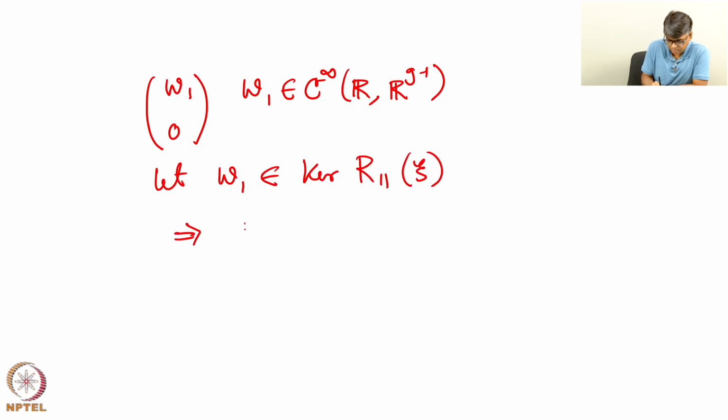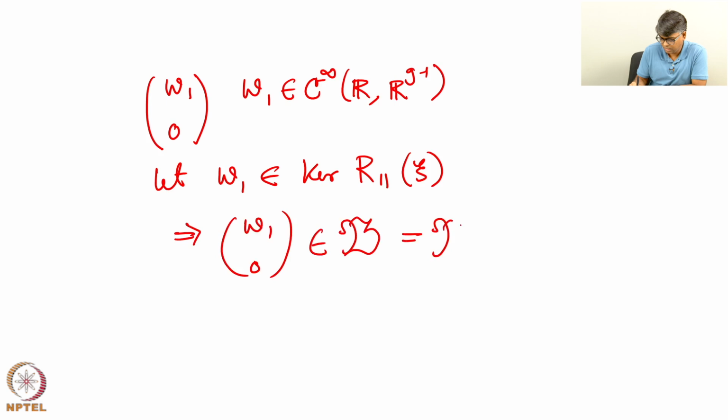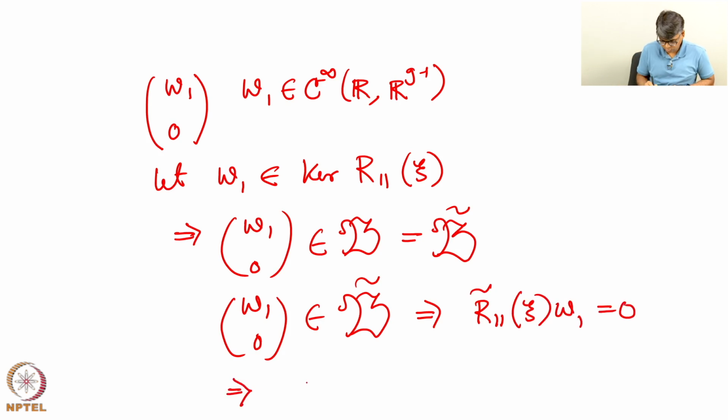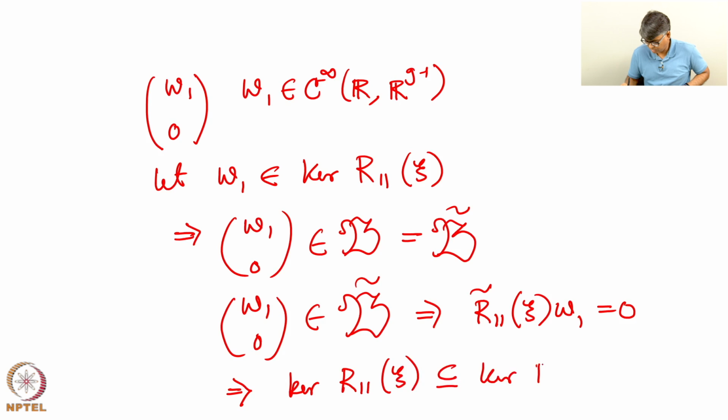This implies w1 0 is in B, but B is equal to B tilde, that was our assumption to start with. This implies w1 0 belongs to B tilde as well. This implies R11 tilde xi w1 is equal to 0, which then means, notice carefully, that kernel of R11 xi is contained in the kernel of R11 tilde xi.